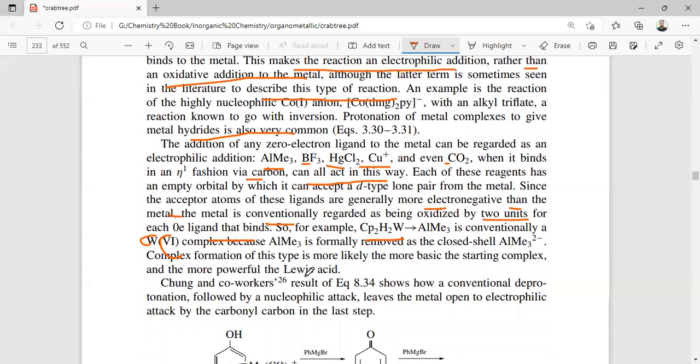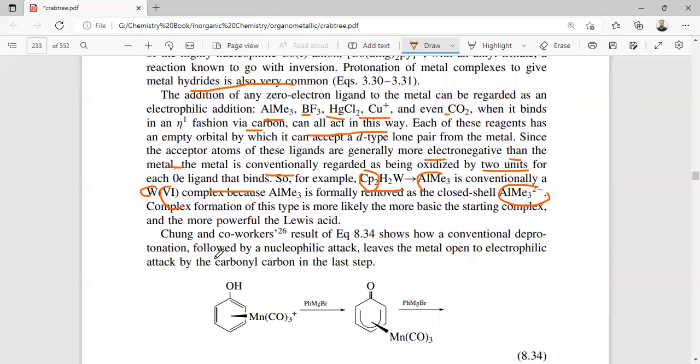So here tungsten is in the +6 oxidation state because the 2 Cp each give a -1 charge, and the 2 hydrogens give -1 each, so +4, and here AlMe3 is -2. So one AlMe3 is attached, which gives -2. So the total is a +6 oxidation state of this tungsten.